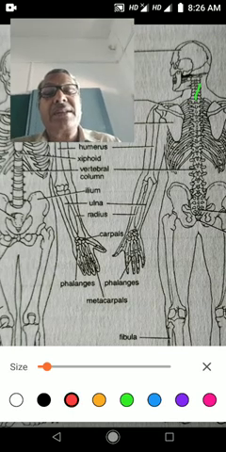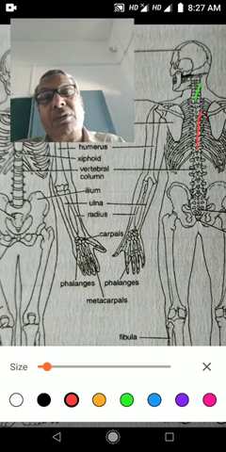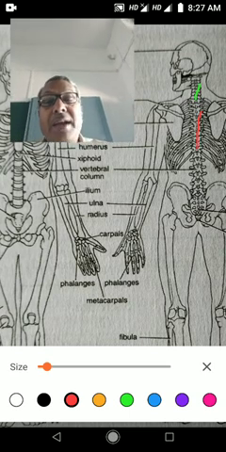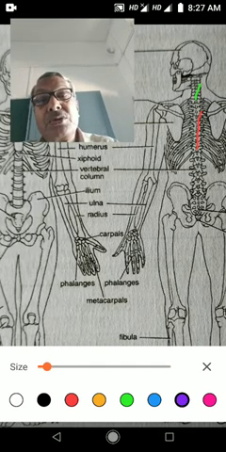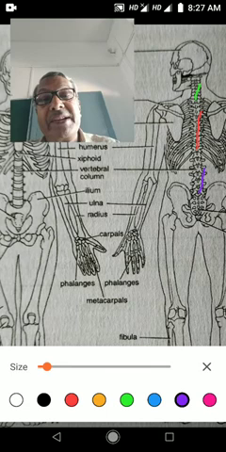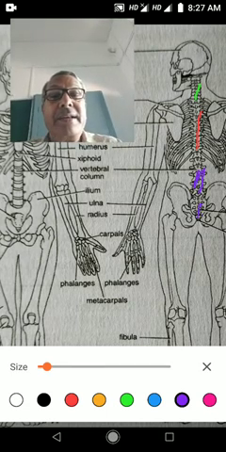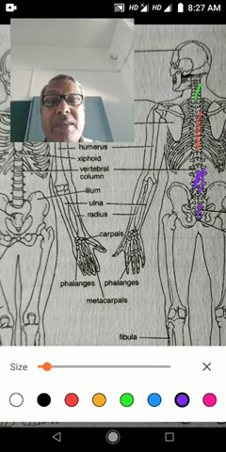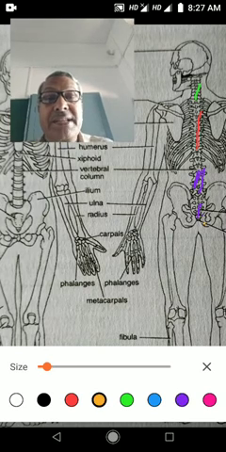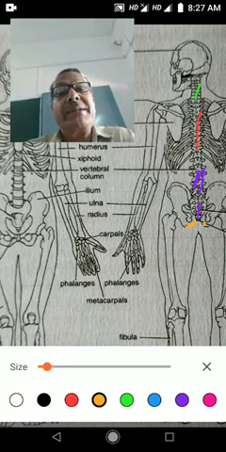Next you see the thoracic vertebrae. After that, the lumbar vertebrae. Then the sacral vertebrae. And after that, the last one is the coccygeal vertebrae. So the vertebrae are divided into 5 parts.